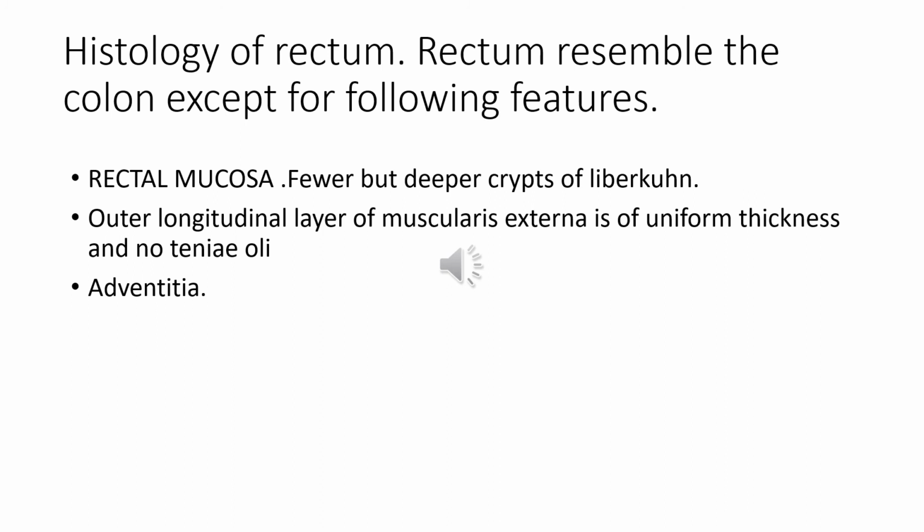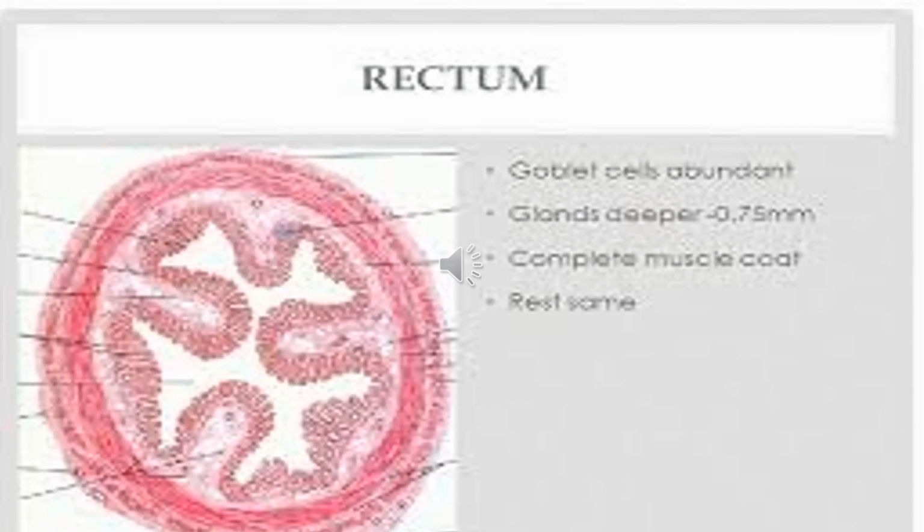So the outer longitudinal layer of the muscularis externa is in the form of the usual longitudinal arrangement of smooth muscles. Then most of the rectum is covered by connective tissue, which is adventitia. Only the anterior and lateral surfaces of the upper one-third of the rectum have a serosal covering. So these are the few differences between rectum and colon.